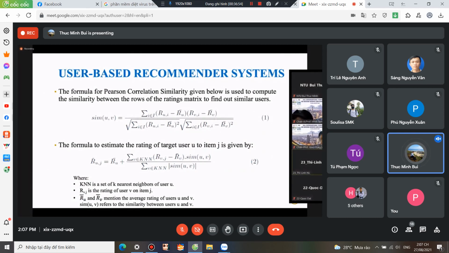The formula for Pearson correlation similarity given below is used to compute the similarity between rows of the rating matrix to find similar users.